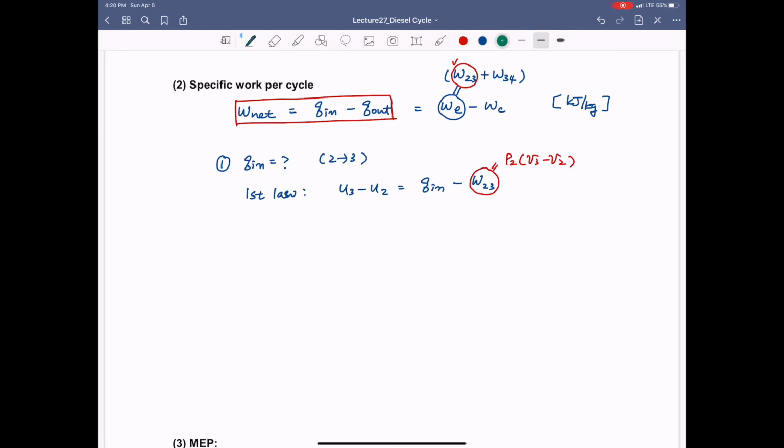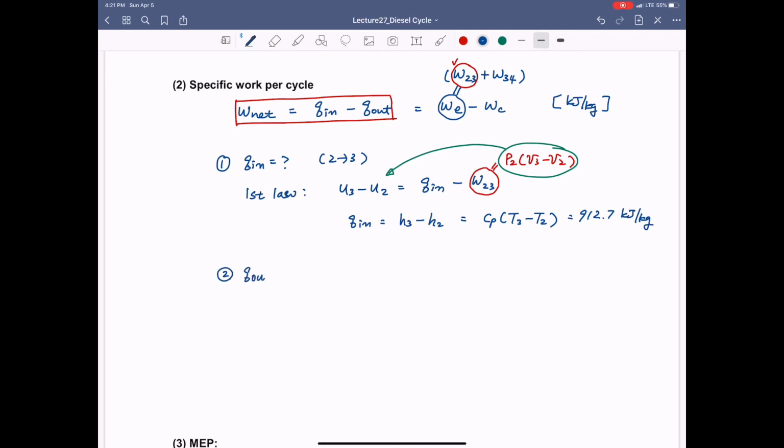By moving this term, which is a very similar solution to what you did in exam 2, Q in can be written as H3 minus H2, that is Cp times T3 minus T2. Now we can calculate that as this value.